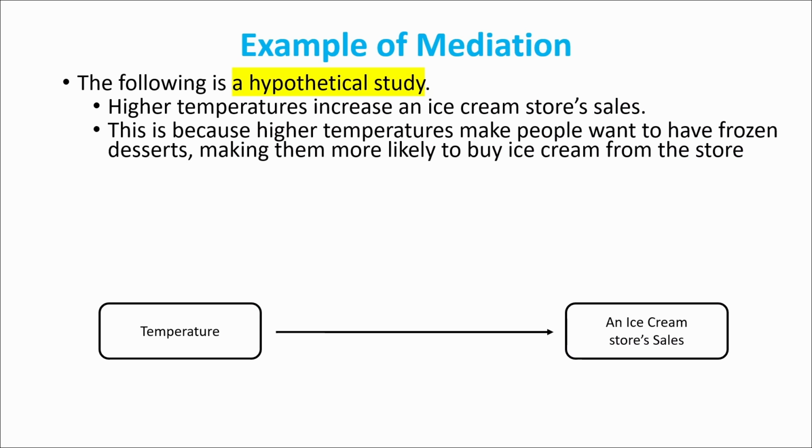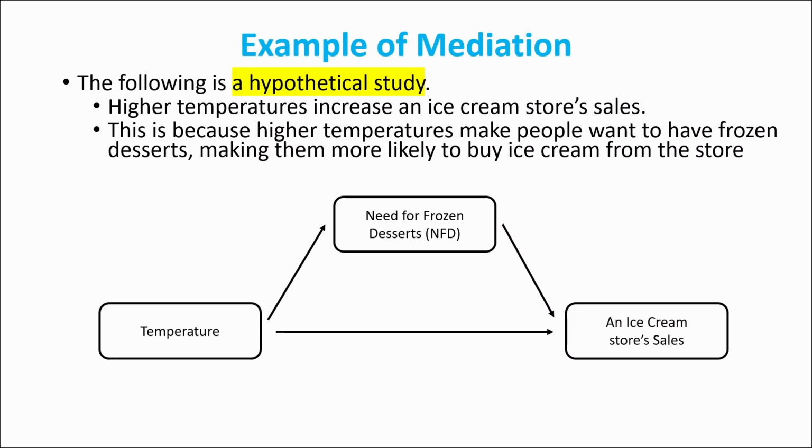And then we hypothesize that there's a mediator called need for frozen desserts. So namely, when the temperature goes up, people's need for frozen dessert goes up as well, which leads people to buy more ice cream, leading the sales in the ice cream store to go up. So that's the basic idea.